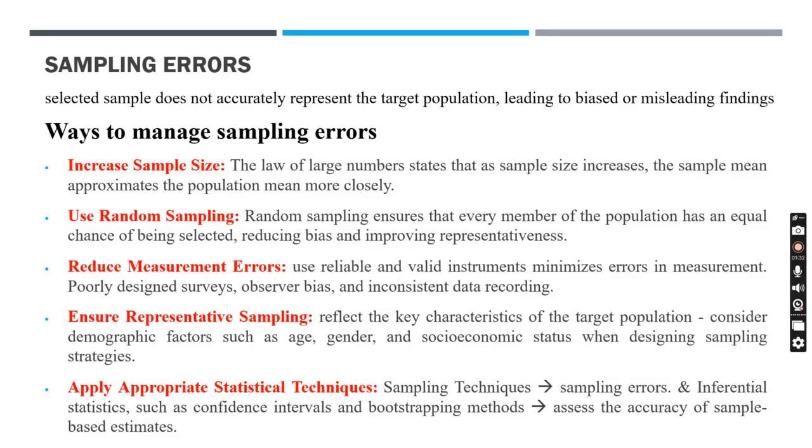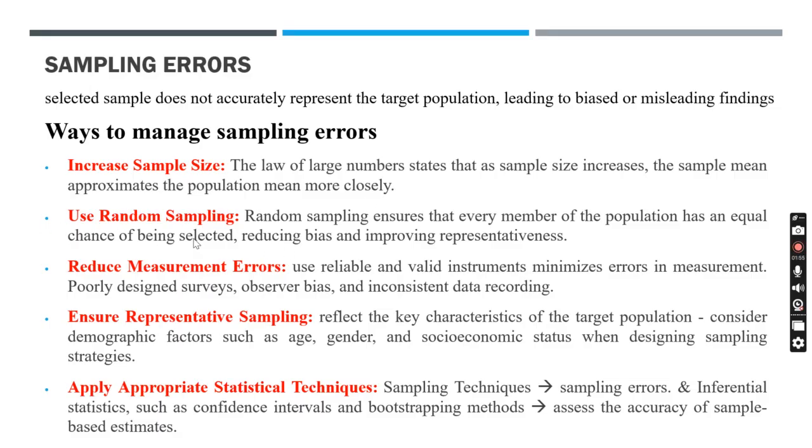This means the more you increase the sample size, the more clearly you are going to represent the population, which means you are going to reduce the sampling error, because large sample means tend to be more representative of the large population.